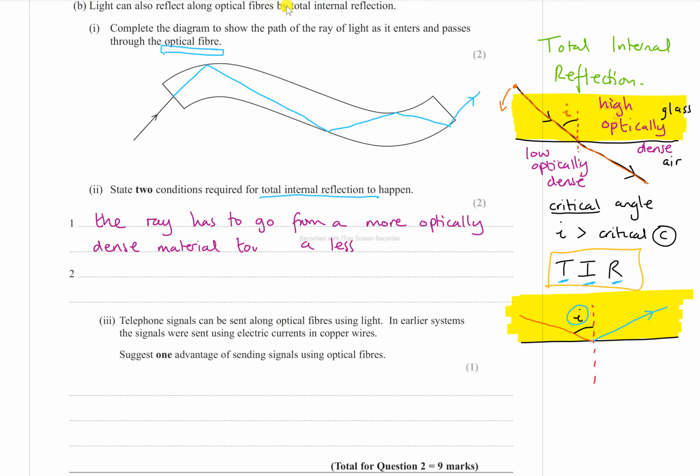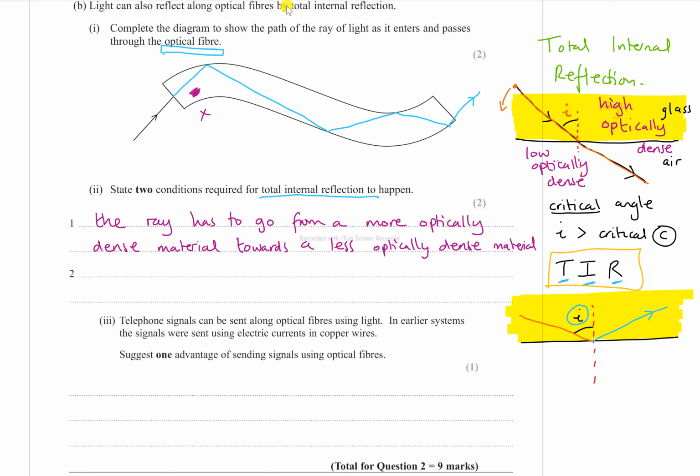Material towards a less optically dense material. So basically it's going from glass to air. So it's only going to bounce about in the glass. So this is more dense than this.